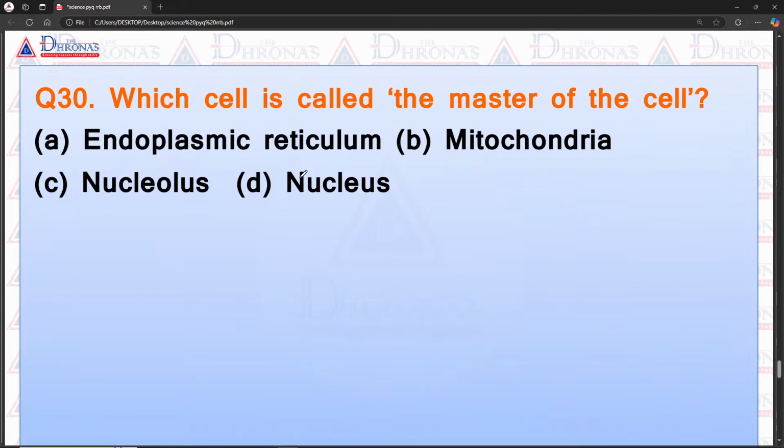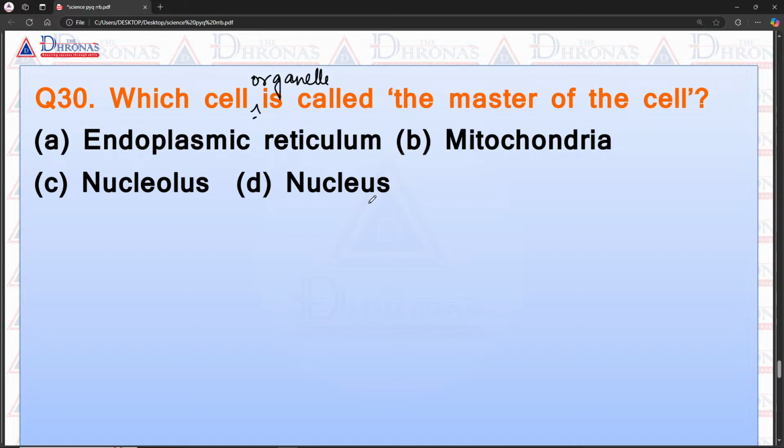Next, which cell organelle is called the master of the cell? Option A, endoplasmic reticulum. Option B, mitochondria. Option C, nucleolus. And option D is nucleus.